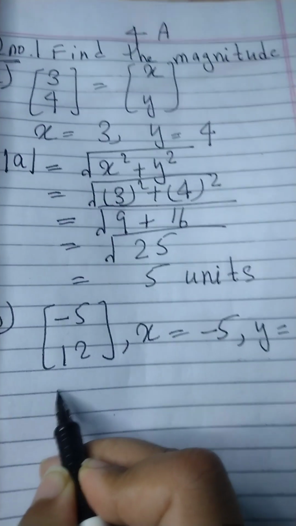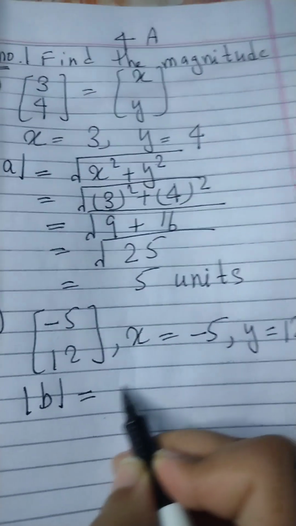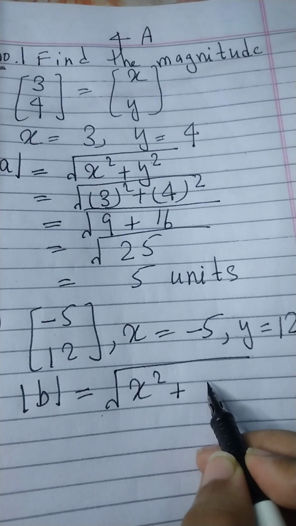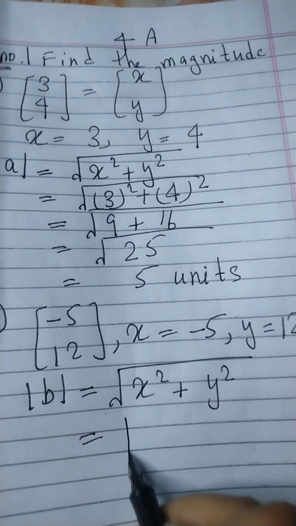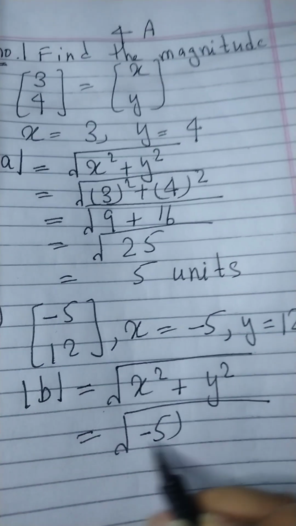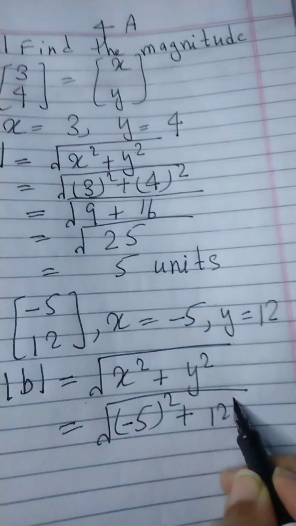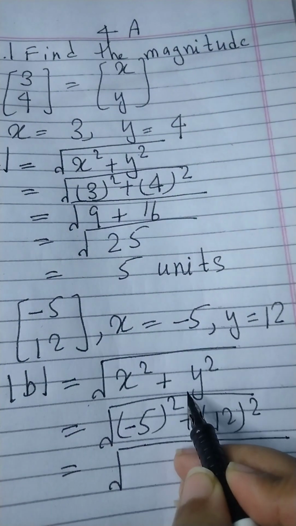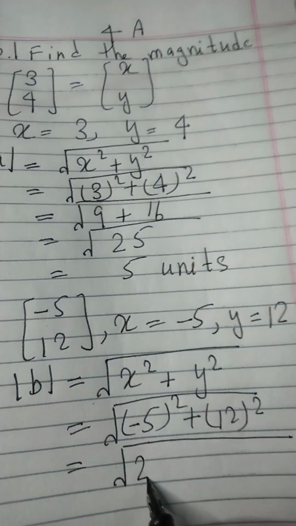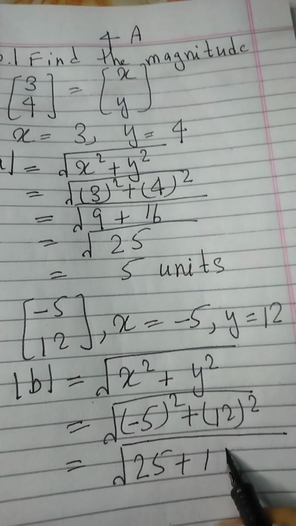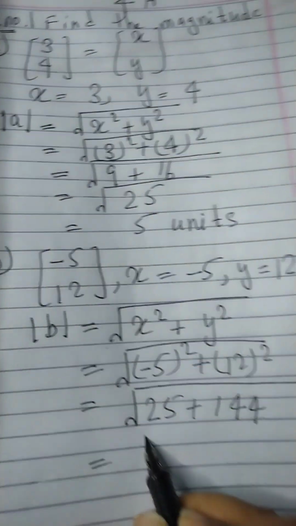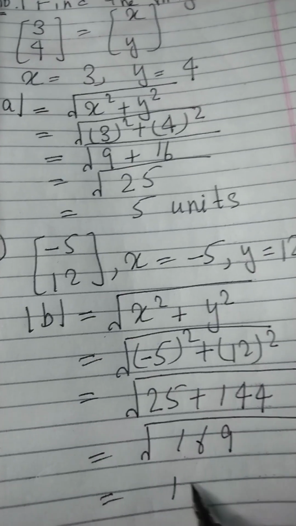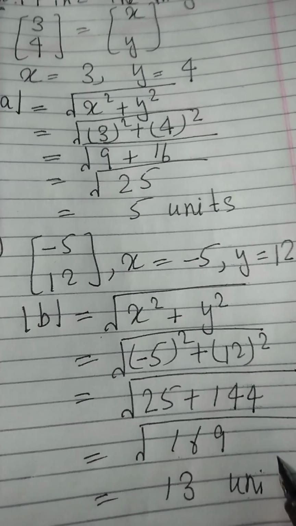For the magnitude, suppose this is vector B, which is equal to under root x square plus y square, which is equal to root -5 square plus 12 square, which is equal to root -5 square is 25, minus times minus becomes positive 25, plus 12 square is 144, which is equal to 25 plus 144 is equal to 169, and root 169 is equal to 13 units.